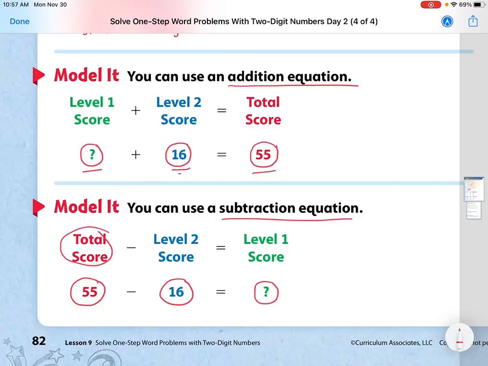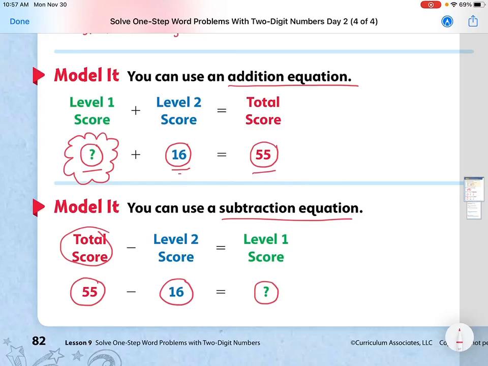But if I don't know this number here, if I don't know where to start using this equation, is there another way I could make this an addition equation that I could actually do counting up and maybe do my number line? How could I change this addition equation so that I would have a starting place?